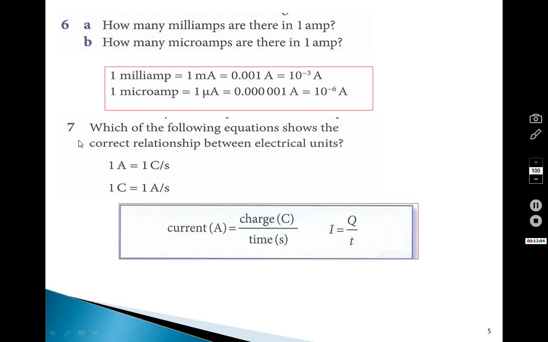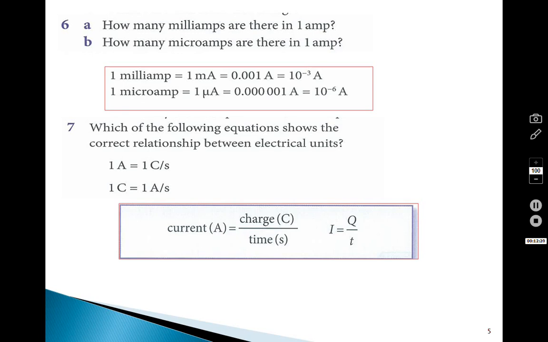Question number 7. Which of the following equations shows the correct relationship between electrical units? One of them is correct and the other one is not.